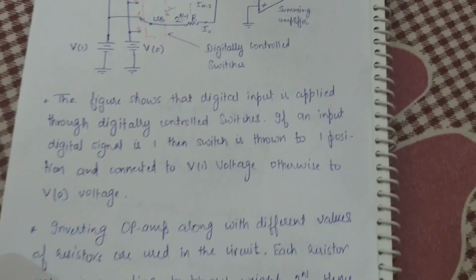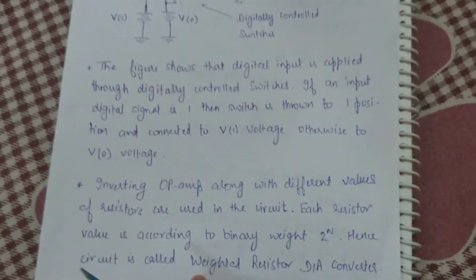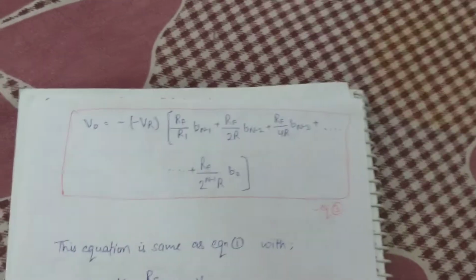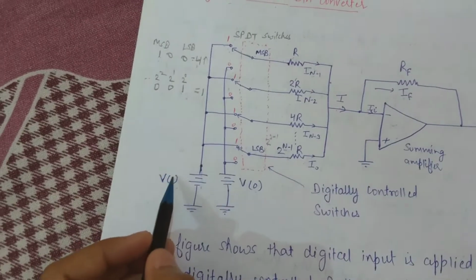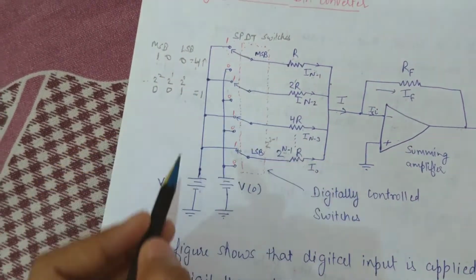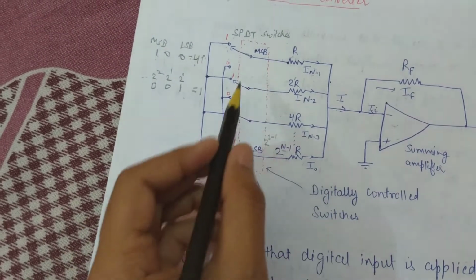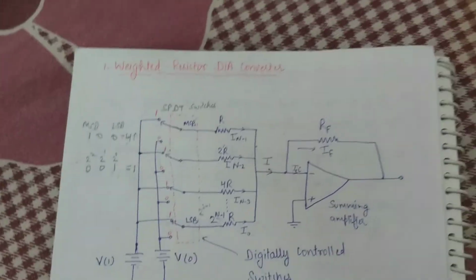Now we will see how we will get the output voltage. I have already explained all these things. Now here you can see one more thing, that for bit 1 we have applied V1 and for bit 0 we have applied V0, okay?